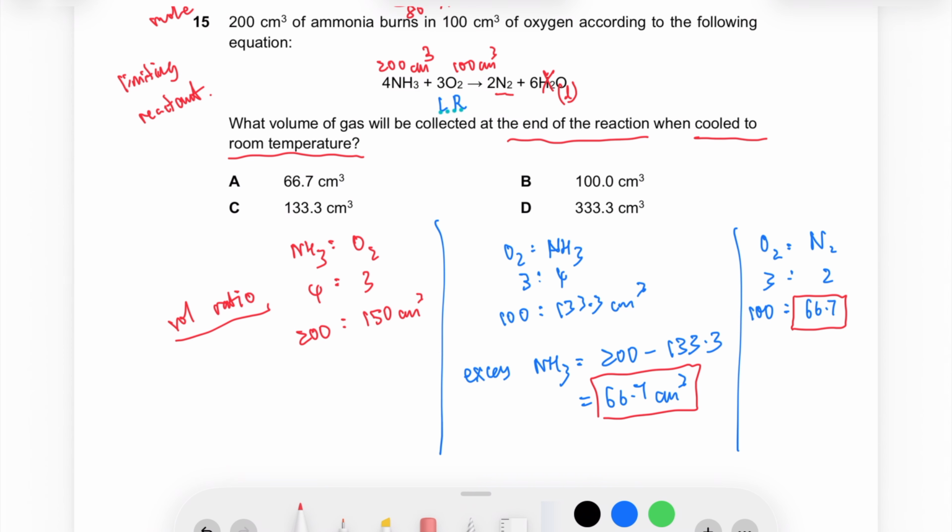Okay, because these two are the gas that are left behind. Okay, so 66.7 plus 66.7, so you get 133.3 cm cube. So the best answer, yes, will be C. Okay, so this is a slightly longer working.